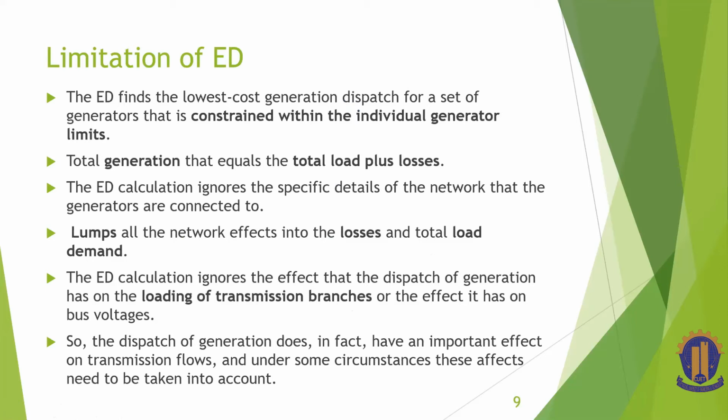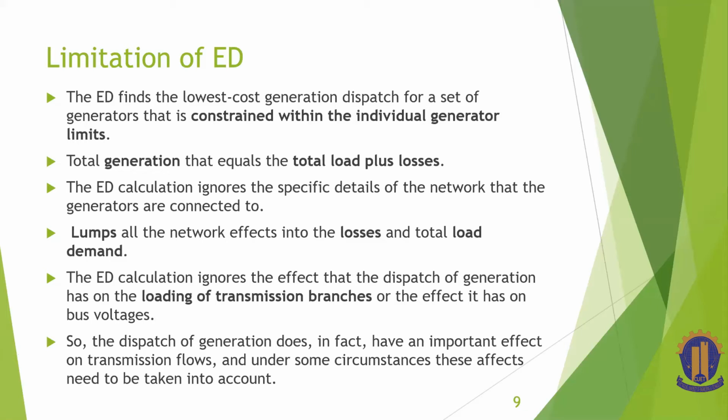So if we summarize the limitations of economic dispatch, the ED finds the lowest cost generation dispatch for a set of generators that is constrained within the individual generator limits, with total generation equal to the total load plus losses. The loss here is considered as lumped, an incremental loss of the generation capacity of a particular generation plant.